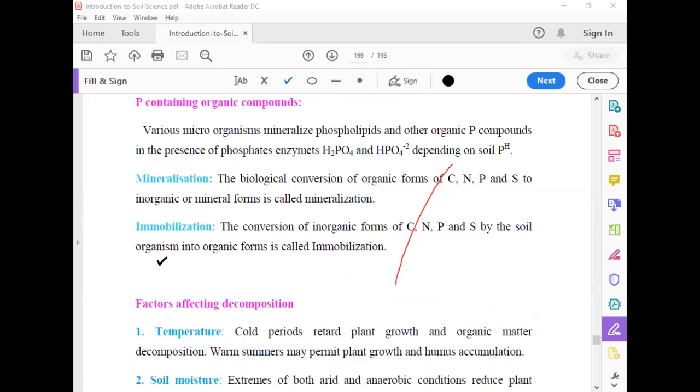And the reverse process is called immobilization. Immobilization marks conversion of inorganic forms of carbon, nitrogen, phosphorus, and sulfur by the soil organisms into organic forms.